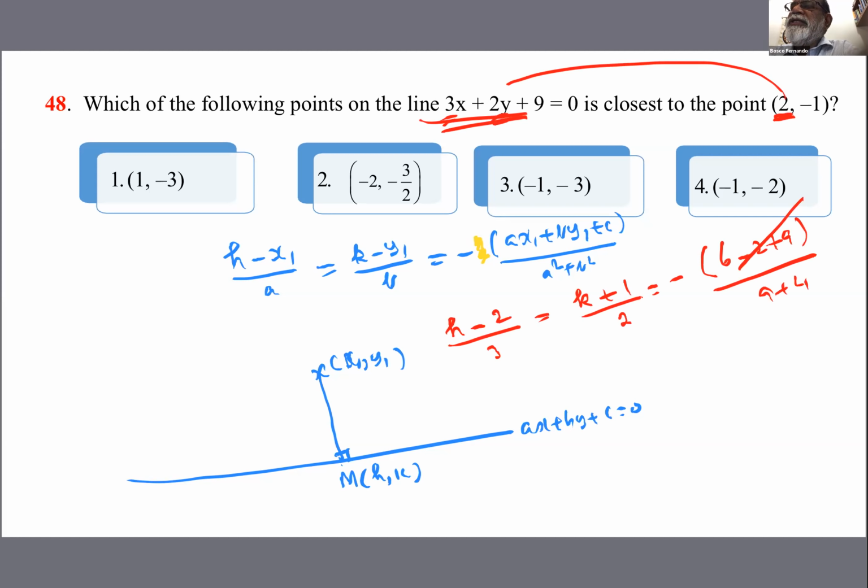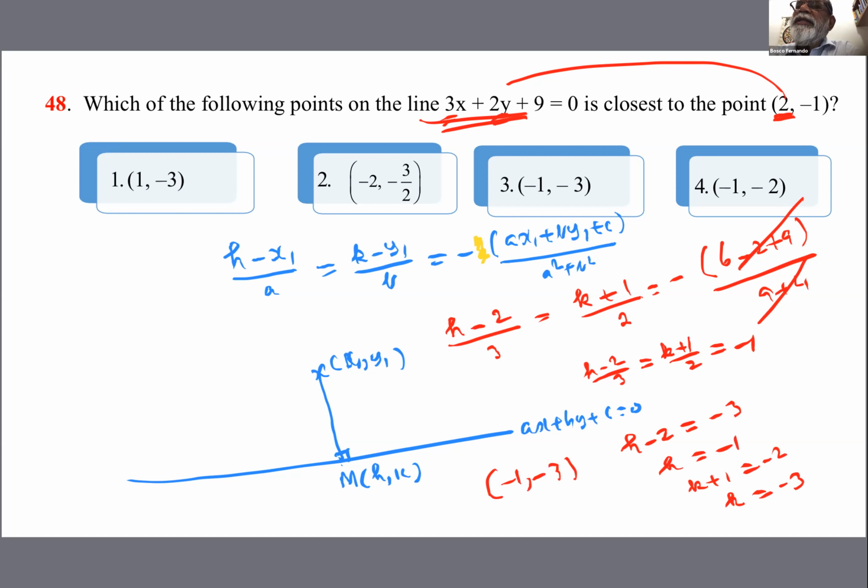This is 13, this is also 13. So (h minus 2) by 3 equal to (k plus 1) by 2 equal to minus 1. So h minus 2 is minus 3, so h is equal to minus 1. k plus 1 is equal to minus 2, so k is equal to minus 3. So the point is (-1, -3). This is what we got by the other way of thinking.